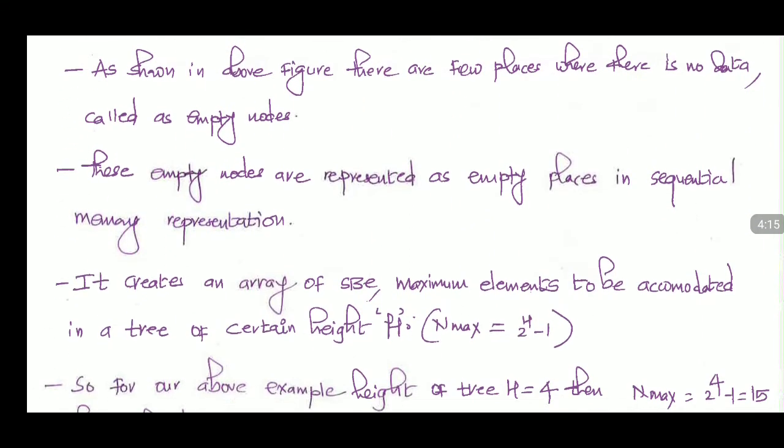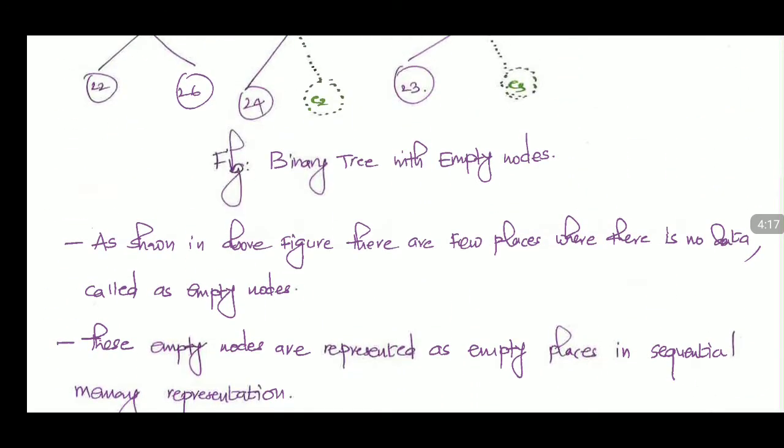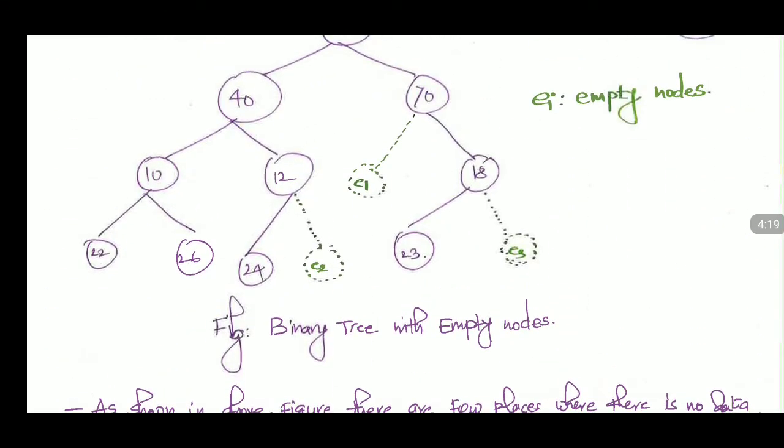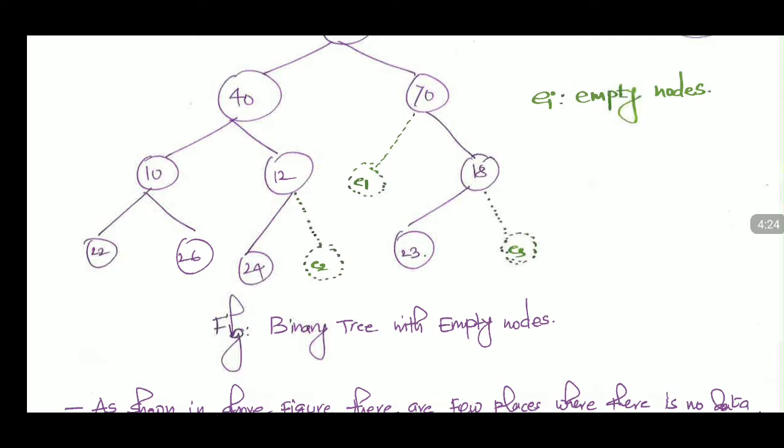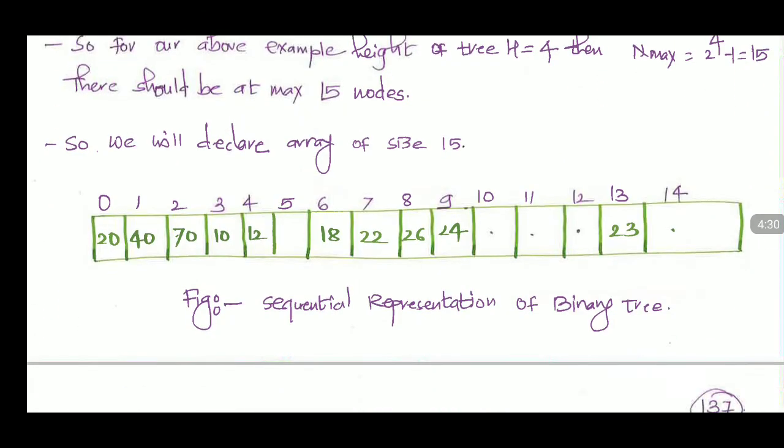Then there is 12, which we also accommodated, but once we move on to add the next element for 70, there is no left element, so after 12 there is an empty space.